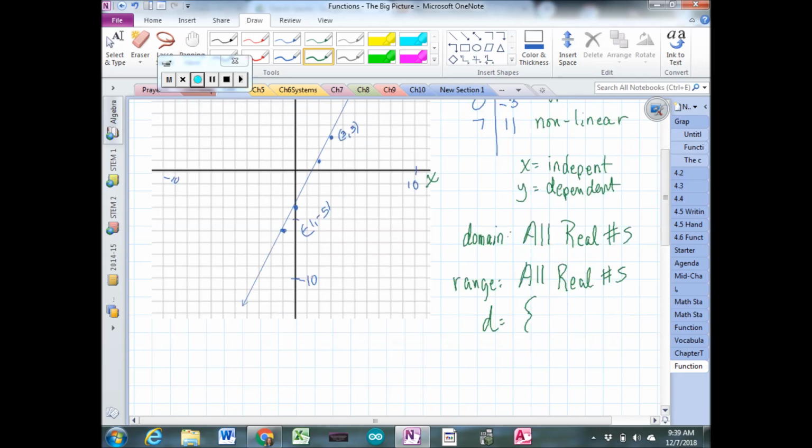Negative infinity is less than x, which is less than positive infinity. Our domains are our inputs, and our ranges are our outputs. We put in numbers for x, and we get out numbers for y. And another way to say that is this is our independent and dependent variables.